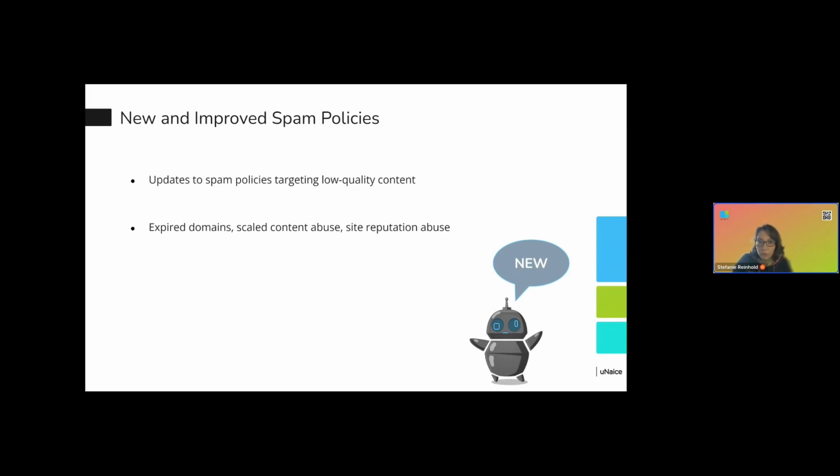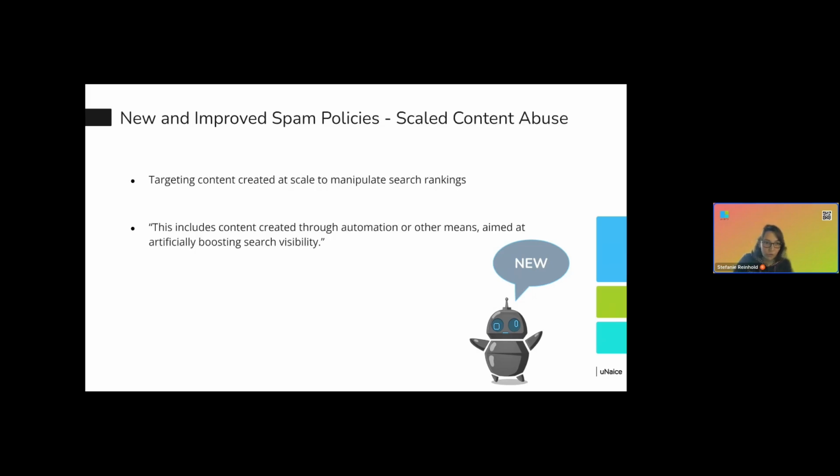And what those mean, I just go right in there. In particular, we have a look at here. So for the scaled content abuse, scaled content, I can't even pronounce anymore, obviously relates mostly to automated content. That can be AI generated content. That can also be content you get from, I don't know, from Fiverr, for example.